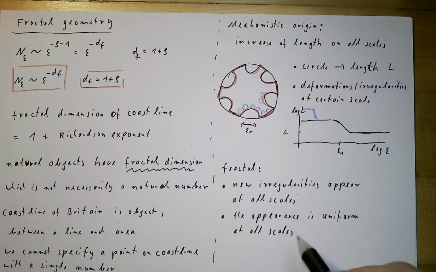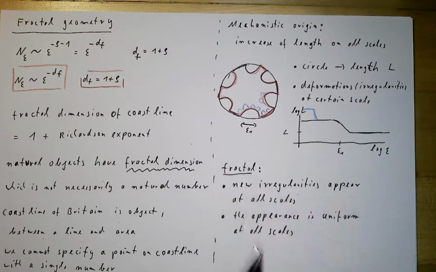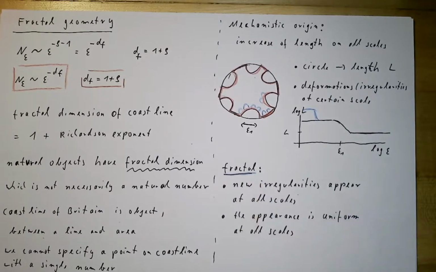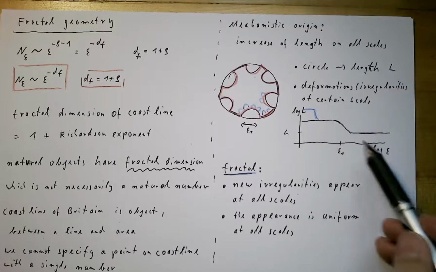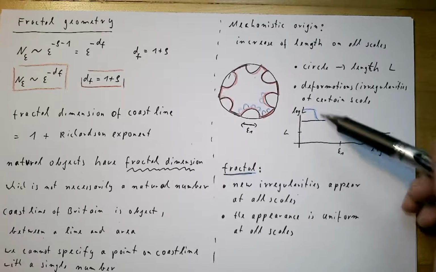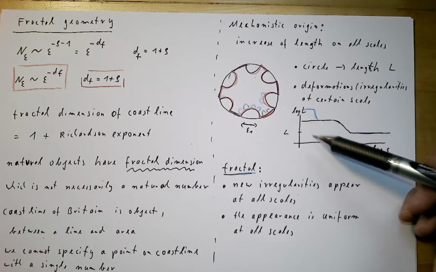So this means there must be something happening, because at first there's no reason why this should be like this. But if this appearance, this increase in length, is the same at all scales, then we can put all this together in a single number, the fractal dimension.